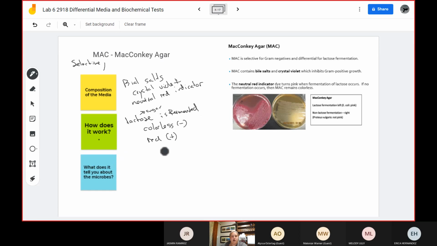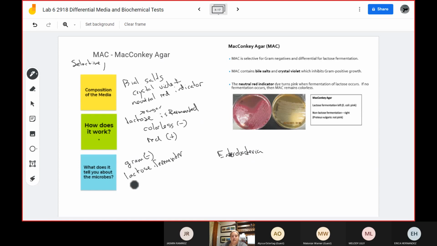So what does this tell us about our bacteria? This would tell us, first of all, that it's gram-negative if it's growing on this plate, and whether or not it is a lactose fermenter. An important group of bacteria that is gram-negative and lactose fermenters are the entero, E-N-T-E-R-O bacteria.